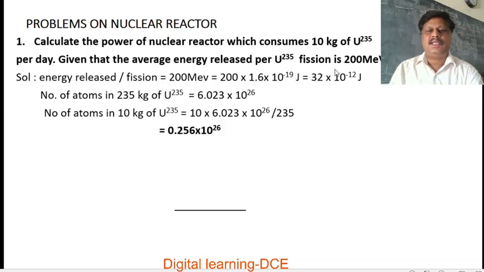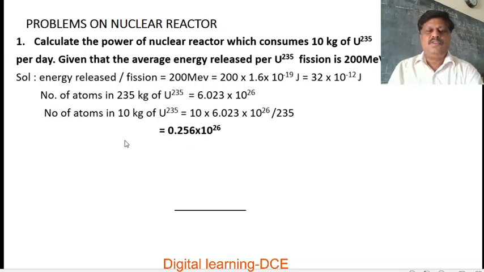Let us convert this into joule by multiplying by 1.6 into 10 power minus 19. So 200 MeV is equal to 200 into 10 power 6 into 1.6 into 10 power minus 19. Then after simplification you will get 32 into 10 power minus 12 joule.